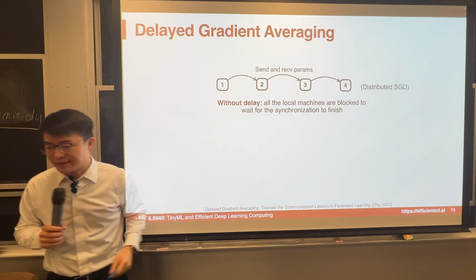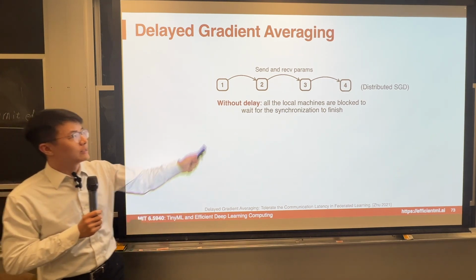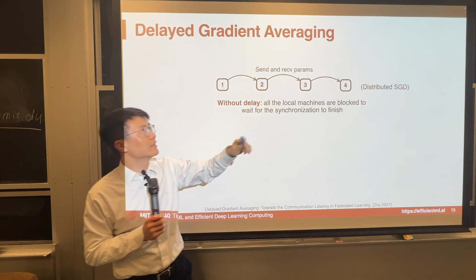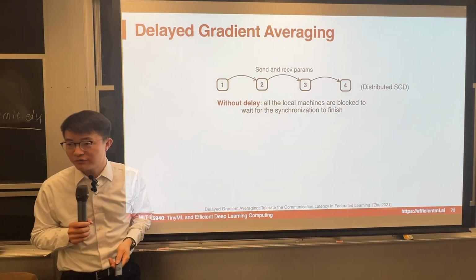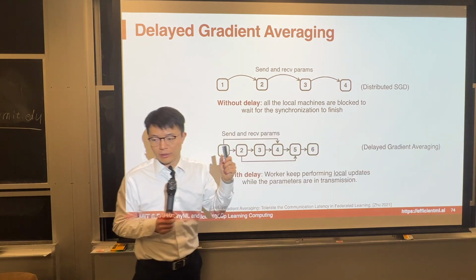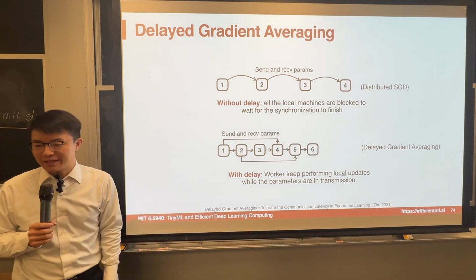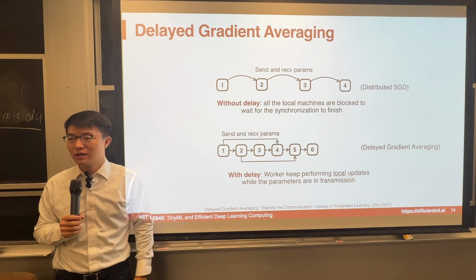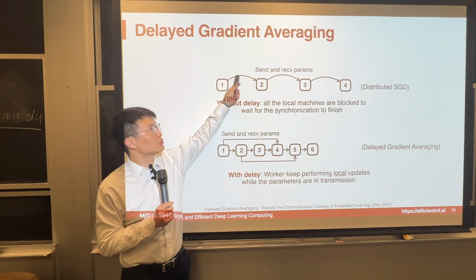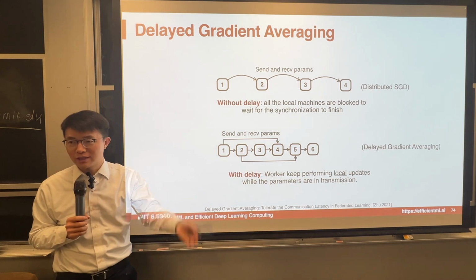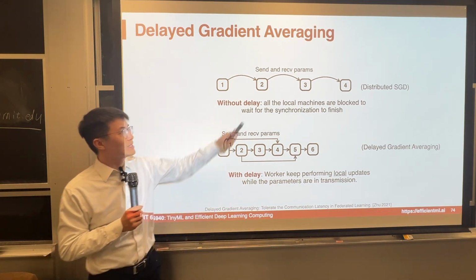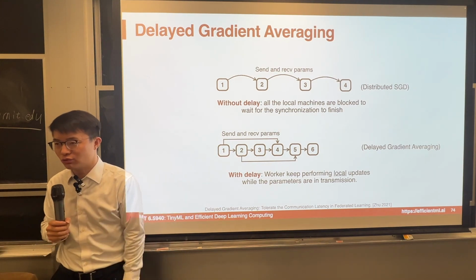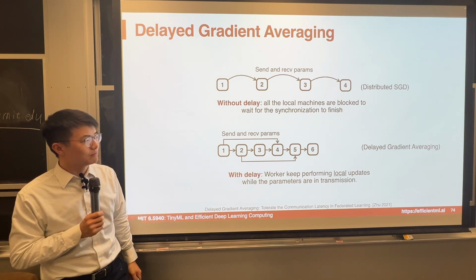Let's see what exactly that means. So this is without any delay. All the local machines are blocked. They have to wait for the synchronization to finish. There's a long time during this send and receive of the parameters. But if we allow delayed gradient averaging to use stale gradients, we can start the second iteration before we actually receive. Previously, we had to finish the gradient communication before we could start step 2. Now we can start step 2, iteration 2, without being blocked by this communication.